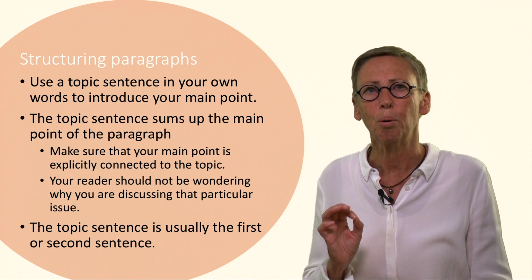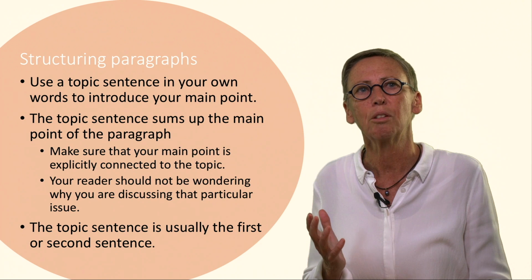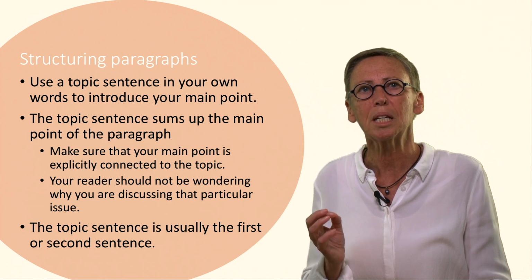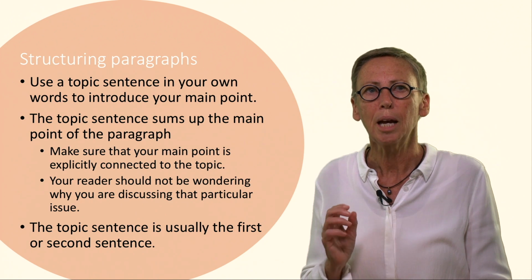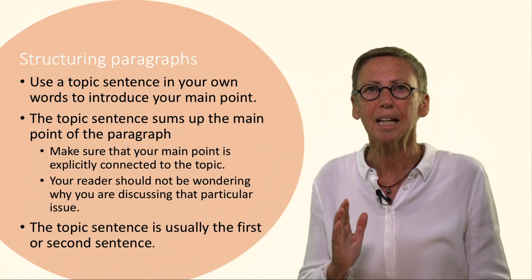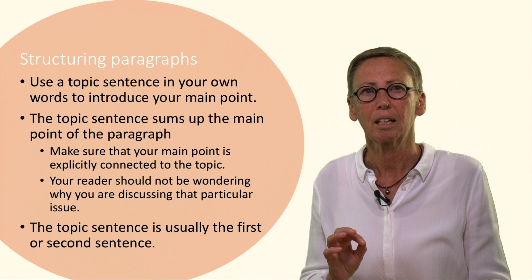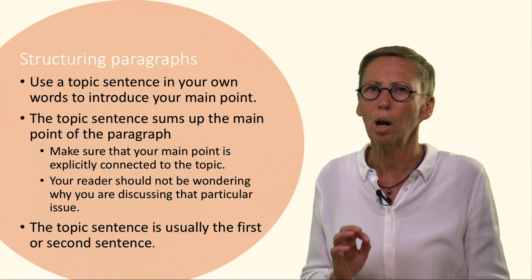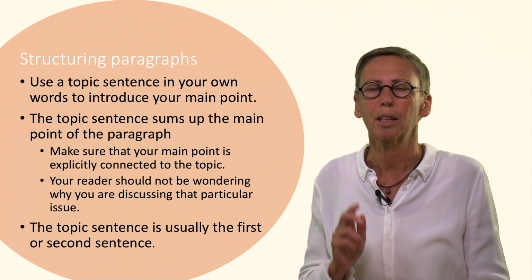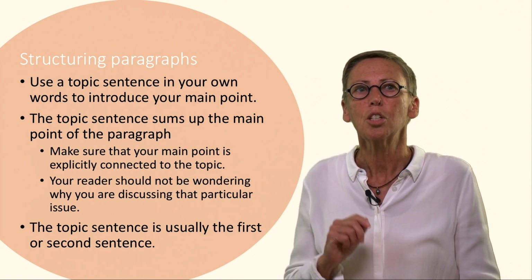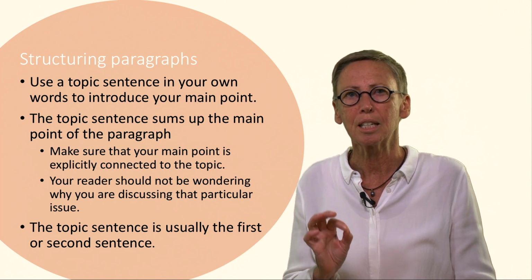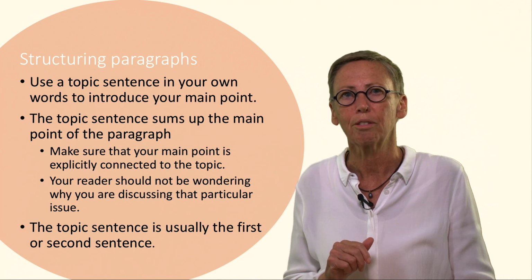What's the main point? What am I trying to tell the reader? So the topic sentence sums up the point of the paragraph. Make sure it's connected to the topic of the essay. The reader shouldn't be wondering what you're talking about. They should go, I know what this paragraph's about. So that'll be the first and second sentence of your paragraph.